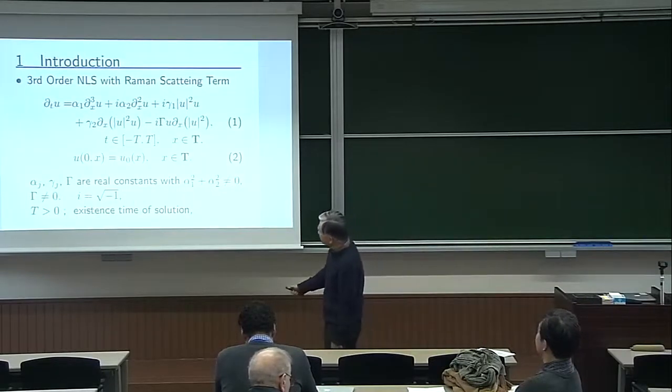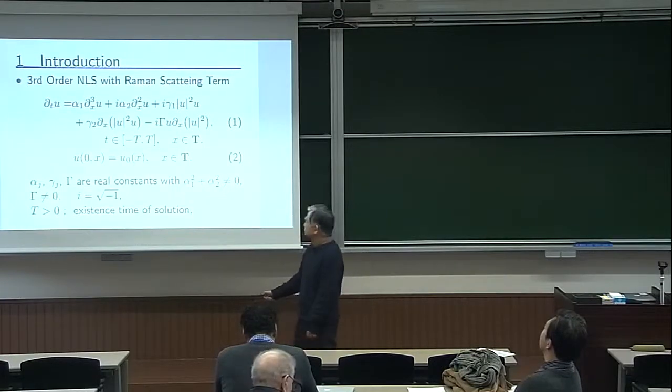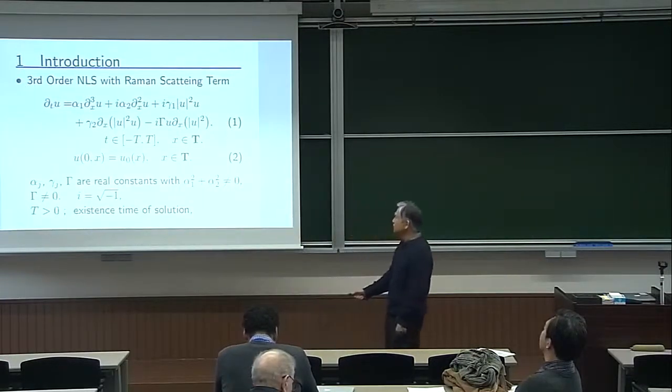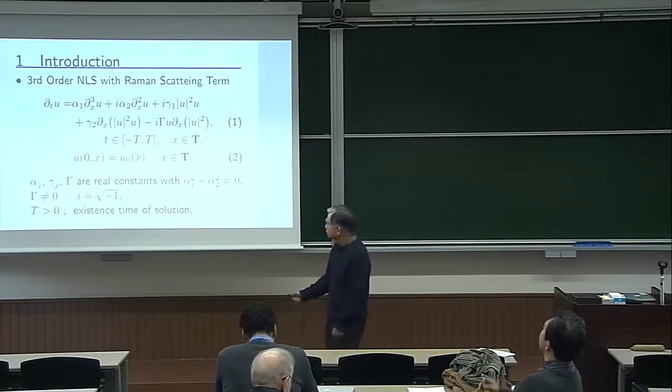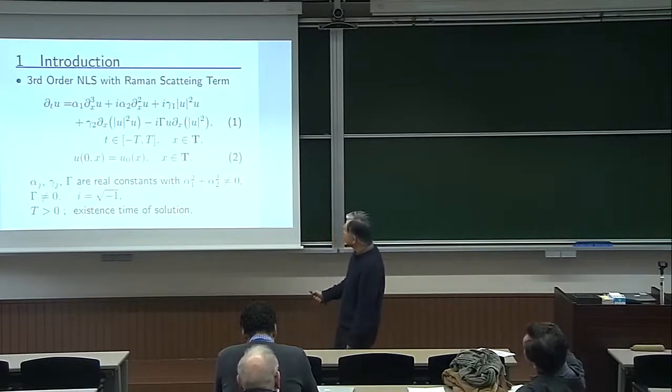Small i denotes the imaginary unit, capital T is a positive constant which denotes an existence time of the solution. Usually the size of T depends on the initial data.